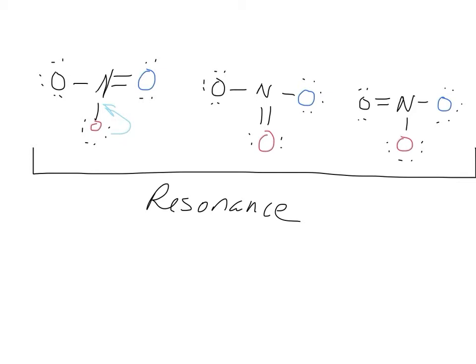But that would force nitrogen to have more than 8 electrons. So these electrons end up hopping off of the nitrogen. And then so on and so forth. What if these guys wanted to be part of the bond? Then that would force those guys off. And what we get are what are known as resonance contributing structures.